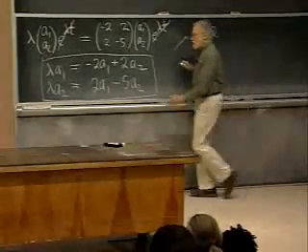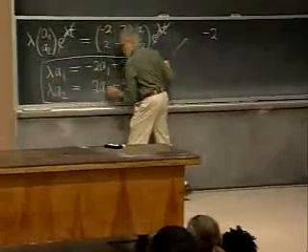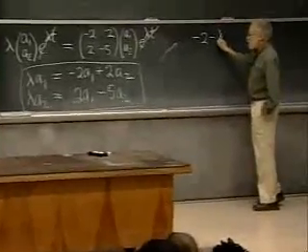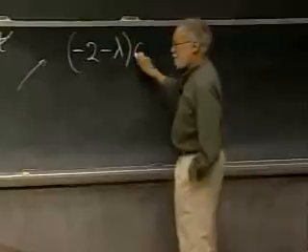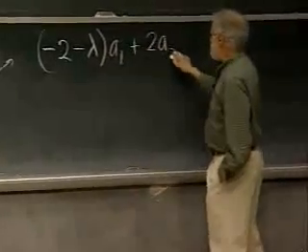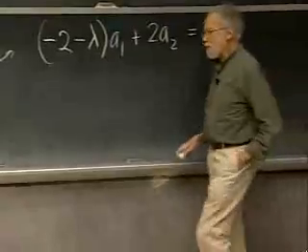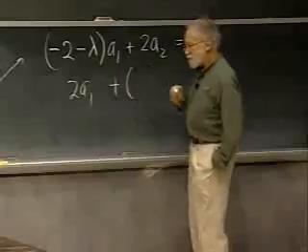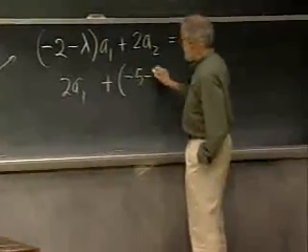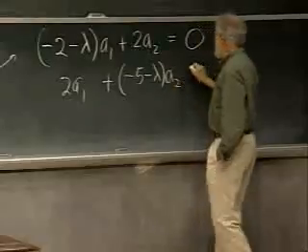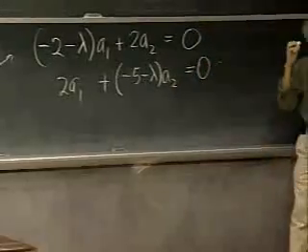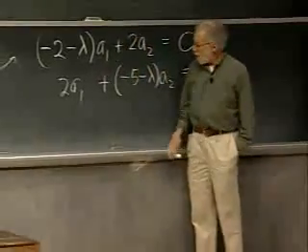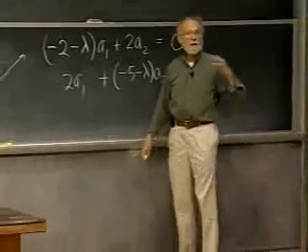I'm going to move the left-hand side to the right side, and it's going to look like minus 2 minus lambda times a1 plus 2a2 is equal to 0. And the same way for the other one, it's going to be 2a1 plus, what's the coefficient? Minus 5 minus lambda, a2. That's a pair of simultaneous linear equations for determining a1 and a2, and the coefficients involve a parameter, lambda.